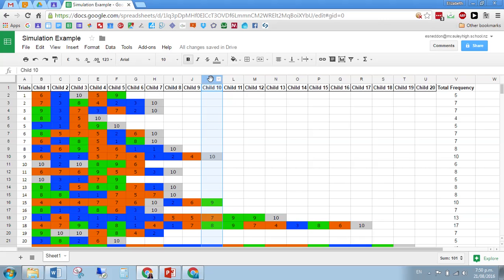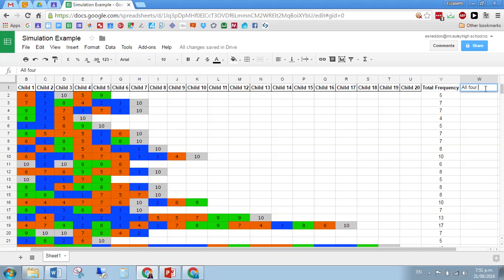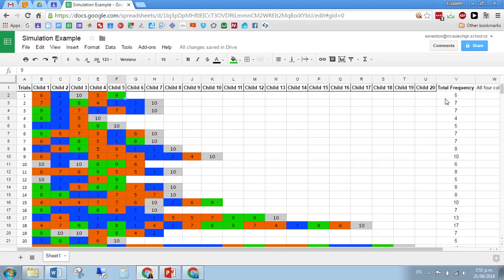If they just have 10 children, we want to know, did they get all 4 eye colours? Yes. Or did they not get it? No. So I'm going to create a column here which says all 4 colours, and we're going to put either a yes or a no. For the first trial there were 5, they had to have 5 children before they got all 4 eye colours.